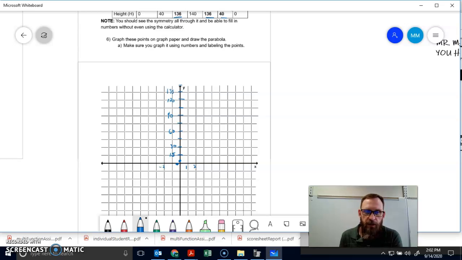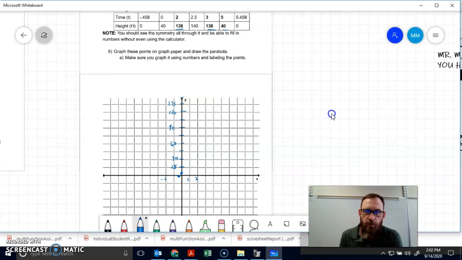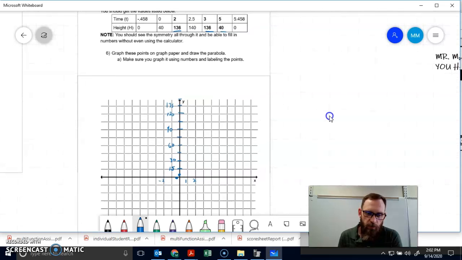And then I'm going to label my y-intercept at 0, 40. That's going to fall right here. And then 2, 136. 2.5, 140, and 3 is at 136 as well, and 5 is also at 40, and you can see the symmetry here because this is the center.